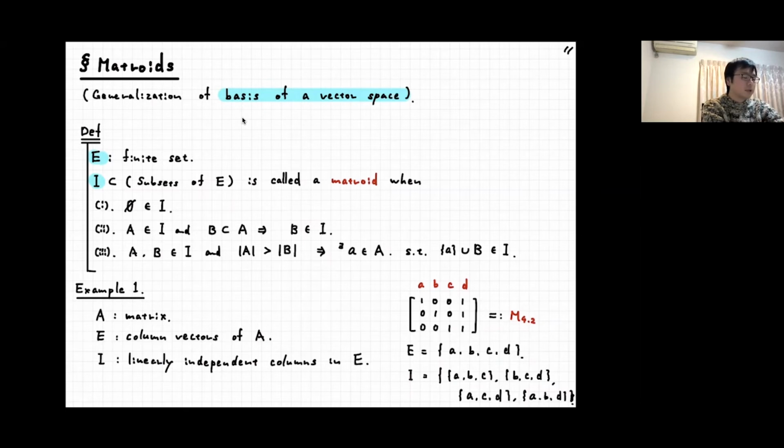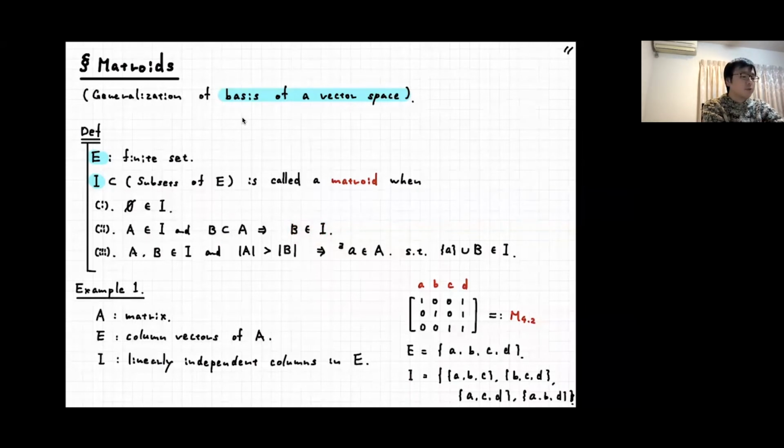The first condition is that the empty set is in capital I. The second condition says that if A is an independent set, and also B is a subset of this independent set, then B also must be one of the independent sets.